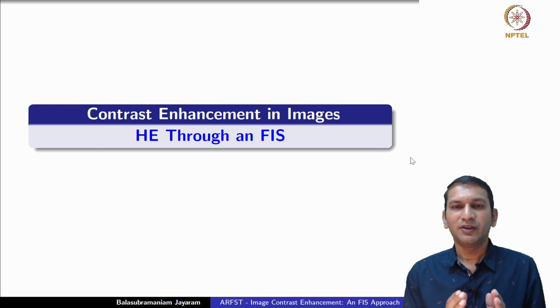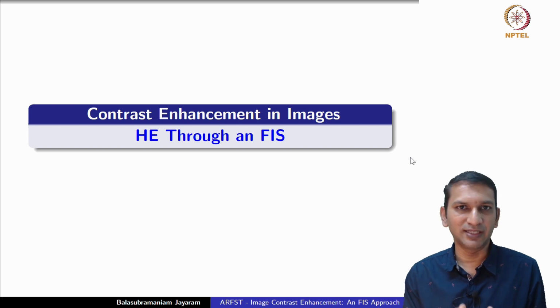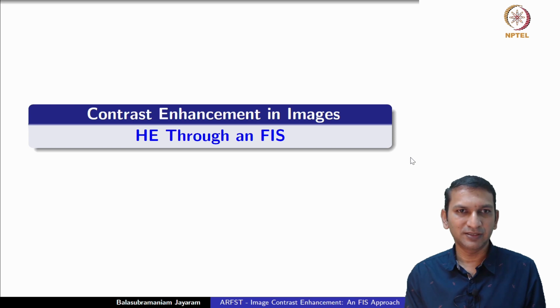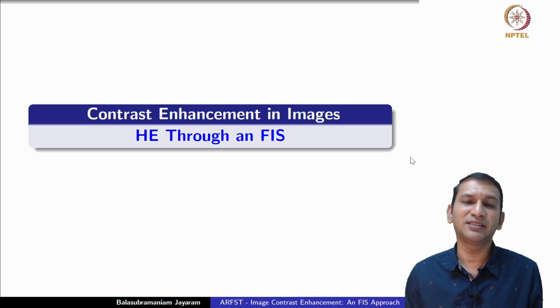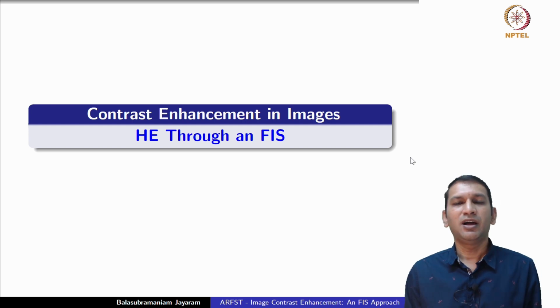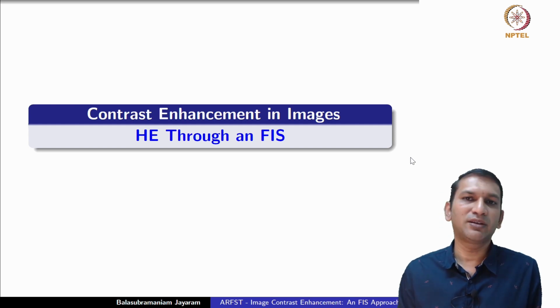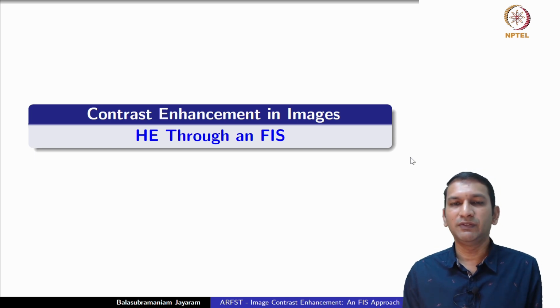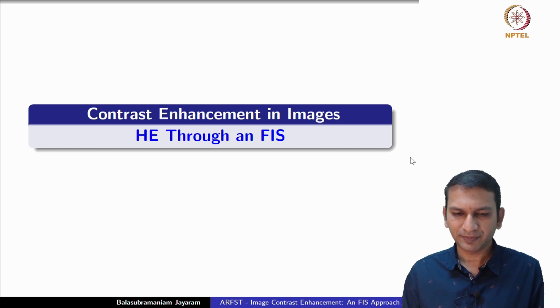We may not be implementing histogram equalization exactly, but we have taken the idea from here that it is essentially increasing the dynamic range of pixel intensities contained in the picture. Can we implement this monotonic transformation using a fuzzy inference system? That is what we will look into presently.